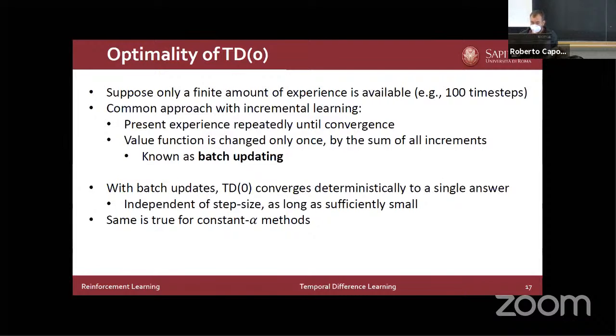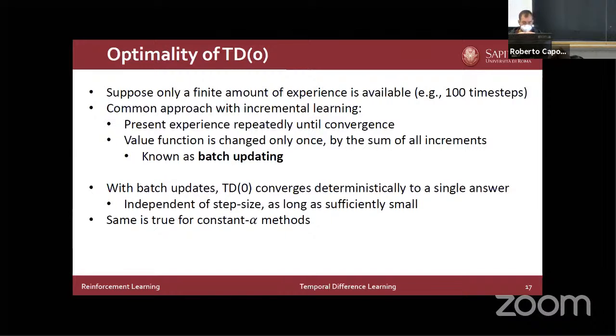The usual approach is, until convergence, you present your experience to your function approximator, or whatever you're using, and you change your value function by the sum of all the increments. You do one single update for the full experience that you have, and basically you do a batch update. So you take the full set of time steps and you process all of them together, in a batch.